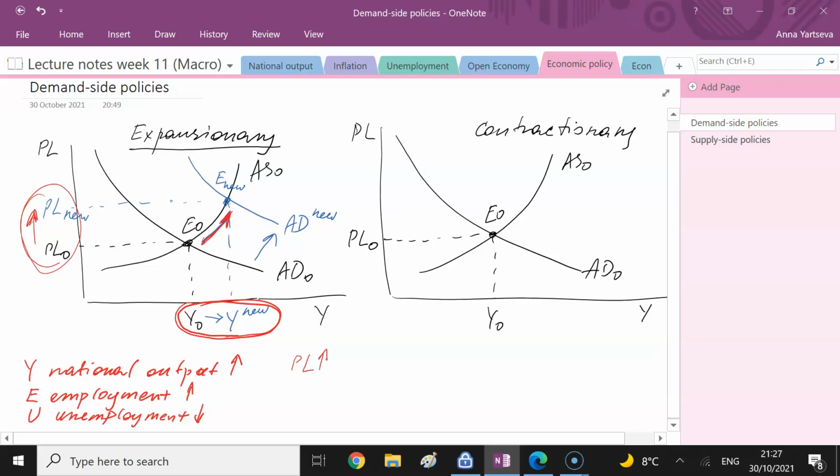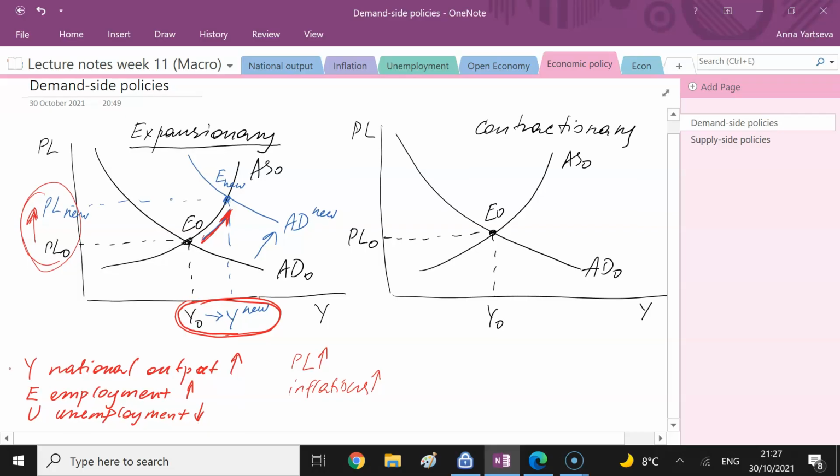In other words, our inflation accelerates. So these are the positives of the expansionary policy: high national output, national income, high employment level, lower unemployment rate. But on the other hand, we suffer from accelerated inflation. This is how expansionary policy works. That is why we cannot use it all the time.